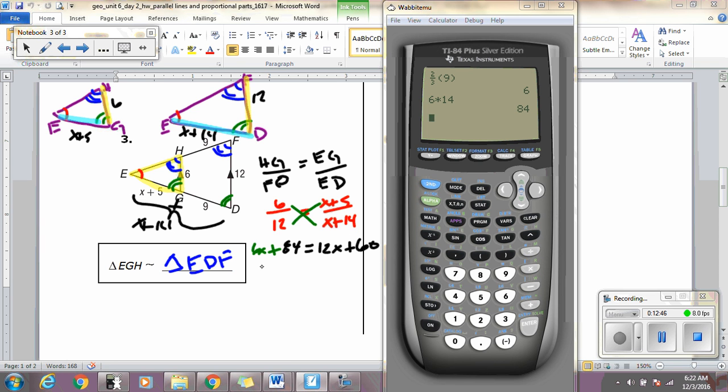And then I would first subtract 6X on both sides. So that would give me 84 is equal to 6X plus 60. Then I would subtract 60 on both sides, which would give me 24 is equal to 6X. And then divide by 6 on both sides. So 4 is equal to X.